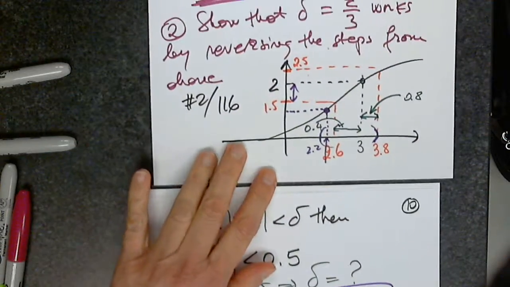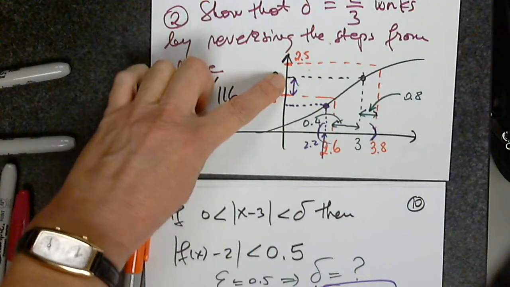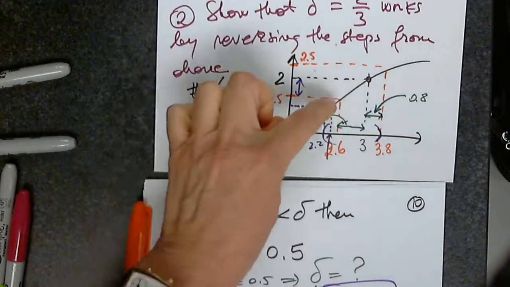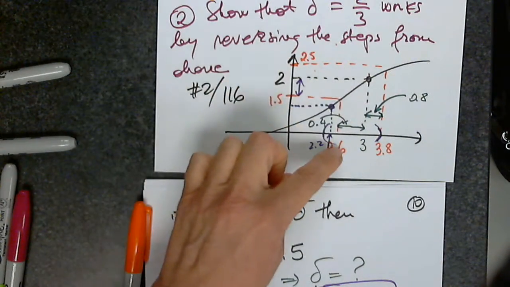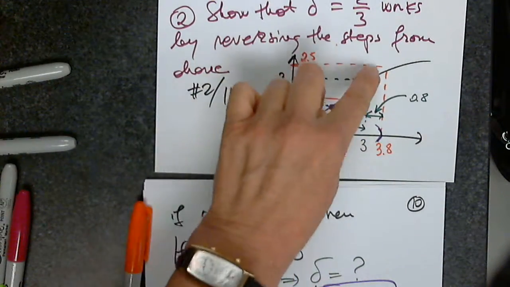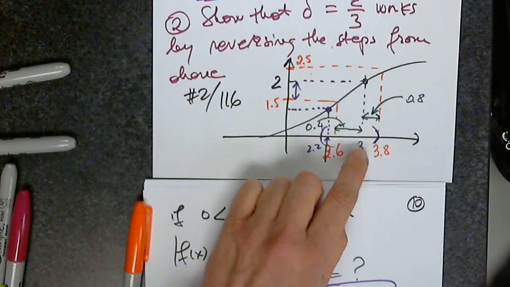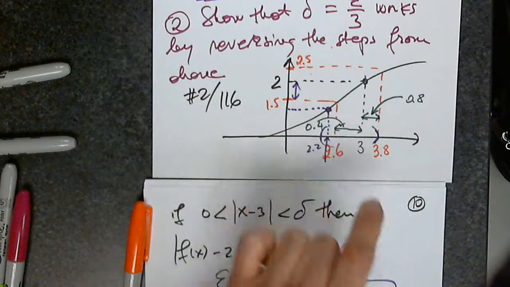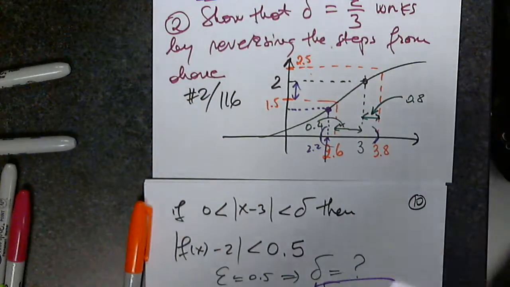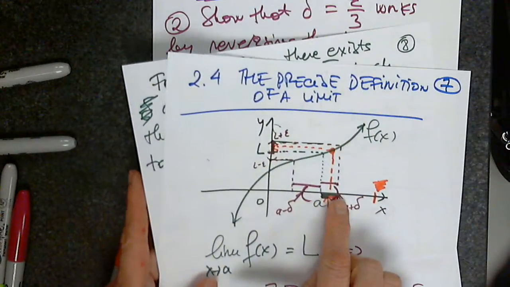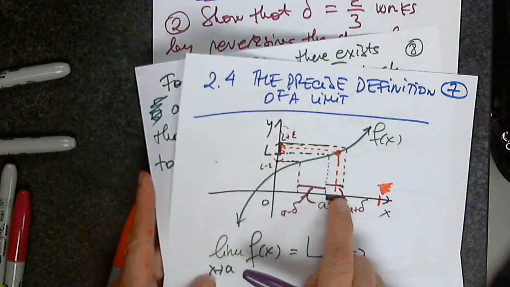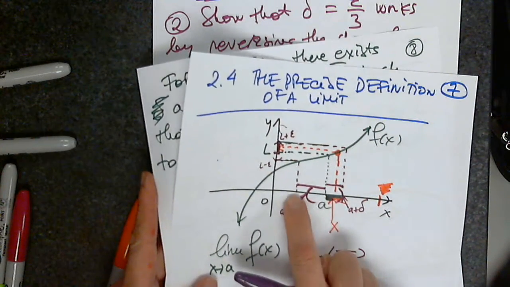Sure. So this is the limit. This is a given epsilon, which is 0.5. We are given in the graph 2.6, and we are given 3.8, and we are given the limit and x. In other words, a, I should say. So, as I mentioned a long time ago when we started this, we have to choose the smallest distance between a and this end and a and this end.